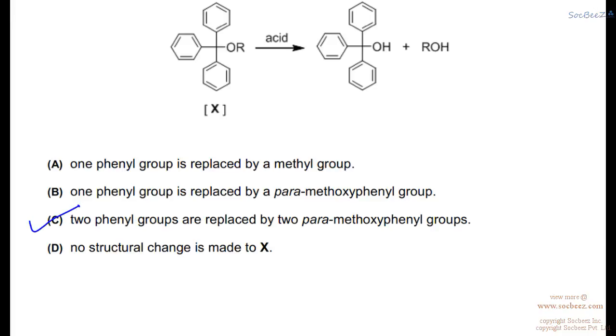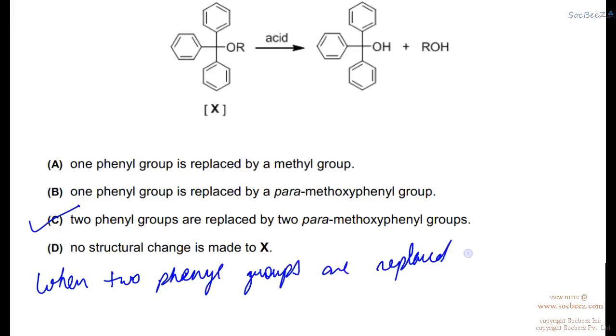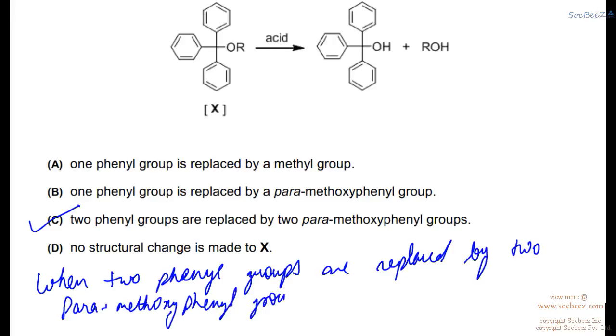And the reason is that when two phenyl groups are replaced by two para-methoxyphenyl groups, the carbocation formed is more stable.